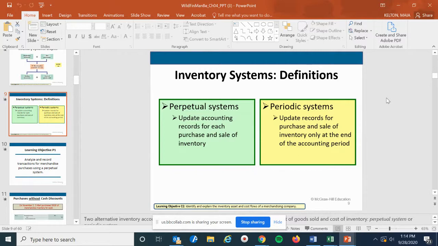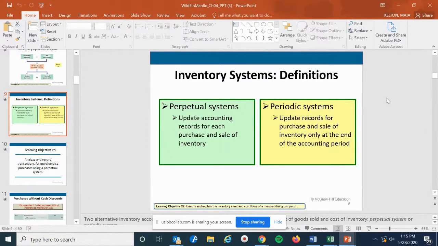The cash register will show the sale, it will show the method of payment, and it will also show a reduction in inventory and an increase in cost of goods sold. So perpetual systems are very useful to a merchandiser because they give us real-time information as to how much the sale was, how much the cost of goods sold was, by how much inventory decreased, and how the customer paid for that purchase.